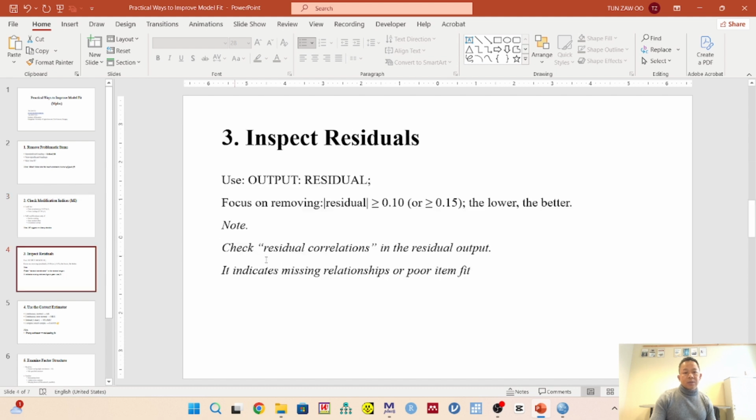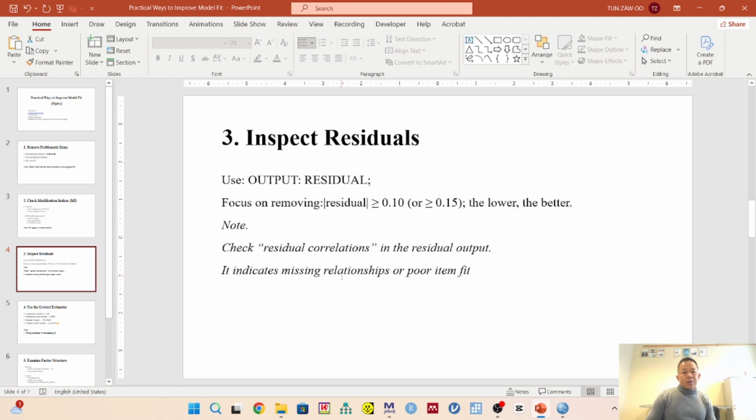The next one is to inspect residuals. Residual means looking at how much difference there is between the observed data and what the theory says. This difference is the residual. We should remove items with higher residuals. Residuals mean the gap or the difference, and a higher difference means a very poor fit.